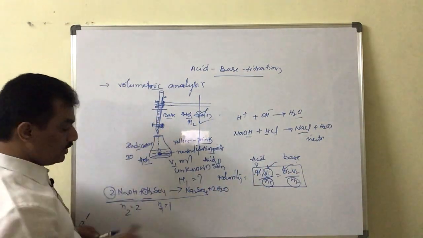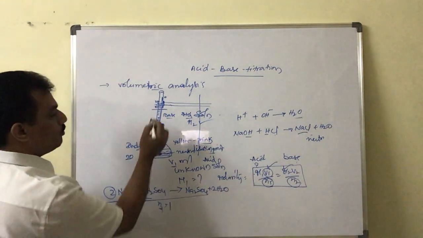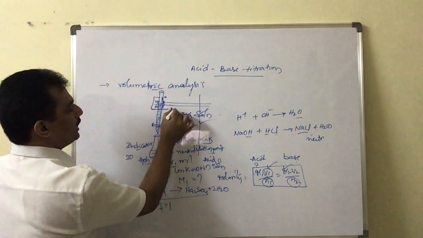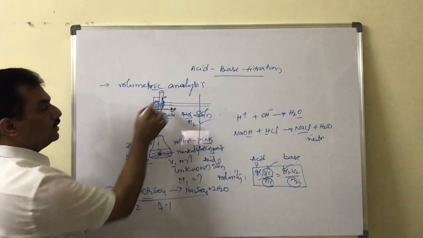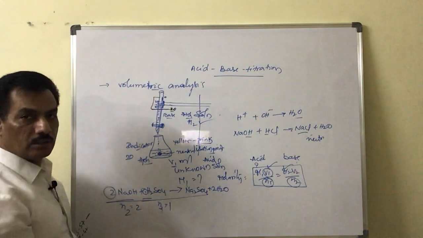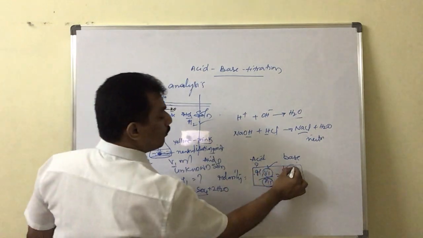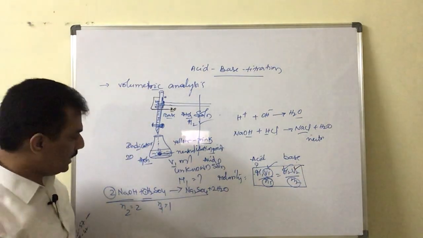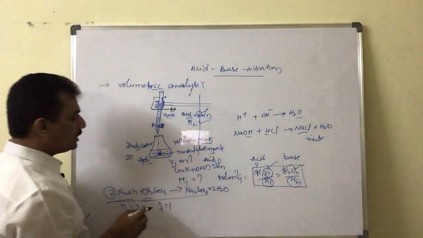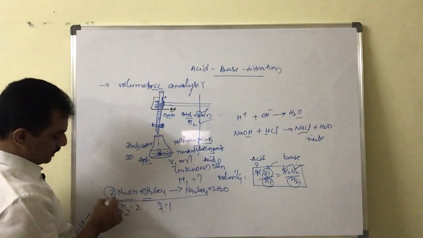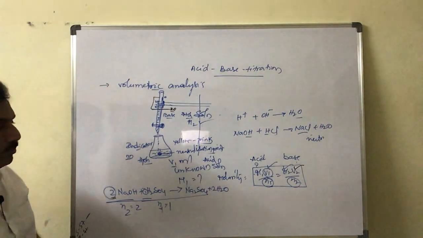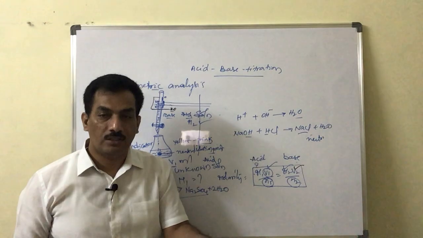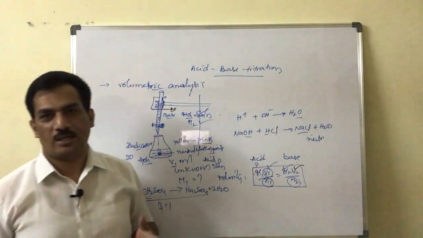And now from this burette reading, say for example, if it is 20, 0 to 20 means 20 ml is dropped, that is V2. V2 can be known from the burette reading. And then N2 is nothing but the balanced equation coefficient of the base. These N1 and N2 are only from the stoichiometric equation, that's why these titrations are related to stoichiometry.